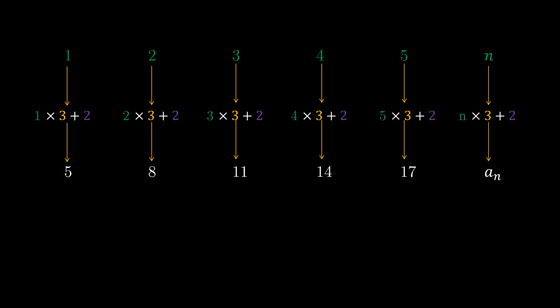Since that is true from the first to the fifth term, we can generalize to our nth term. Multiply n by 3, then plus 2, that is our a sub n. In this case, that is already our general term, our formula, or our nth term.